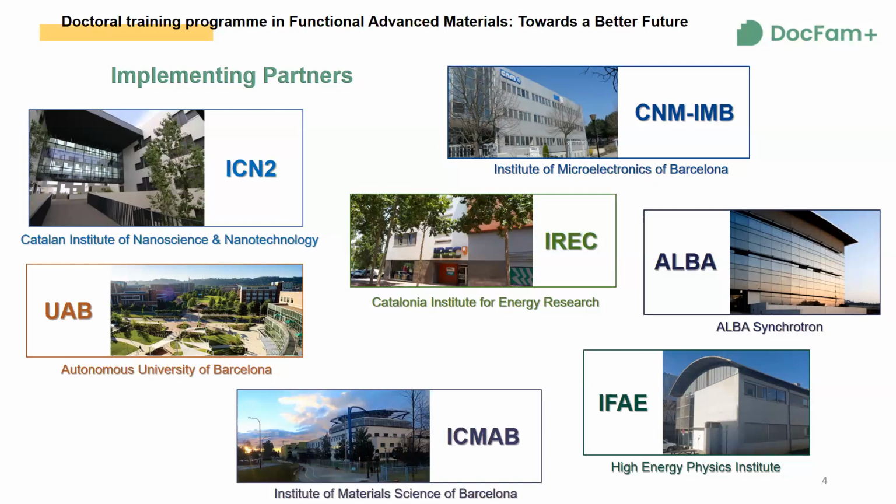That is the university where all the fellows will be enrolled, as all of these partners are located in the UAB campus, except for IREC, that is located in Barcelona city, but all the fellows in the research institutes will be enrolled in UAB.